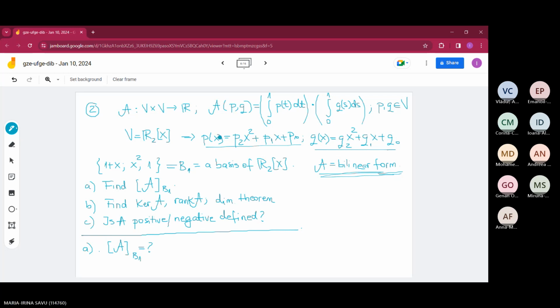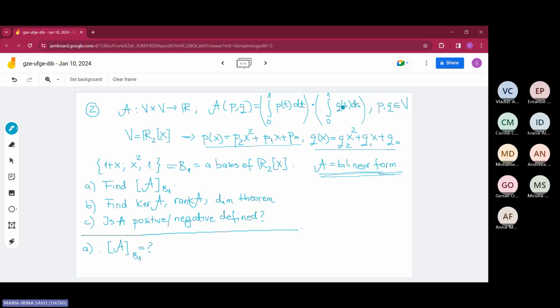So P looks in this way and Q looks in this way. How will A of P and Q look like? I will give you 3 minutes to tell me. Replace P of T by P2 T squared plus P1 T plus P0.